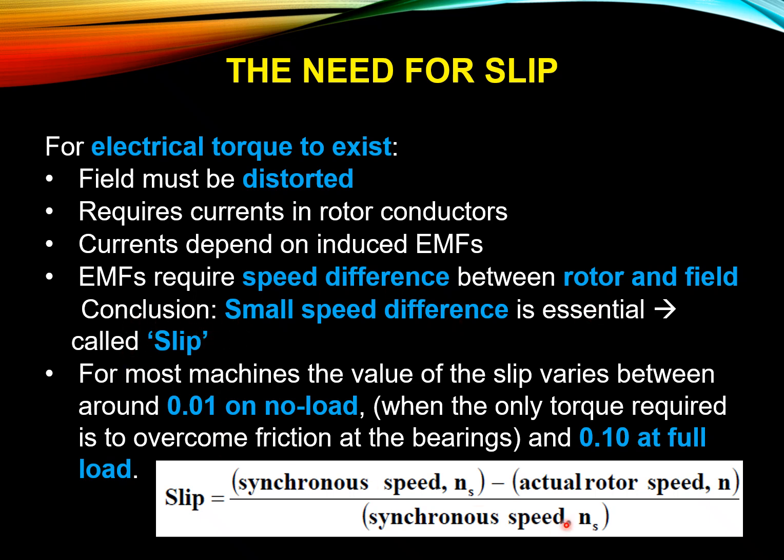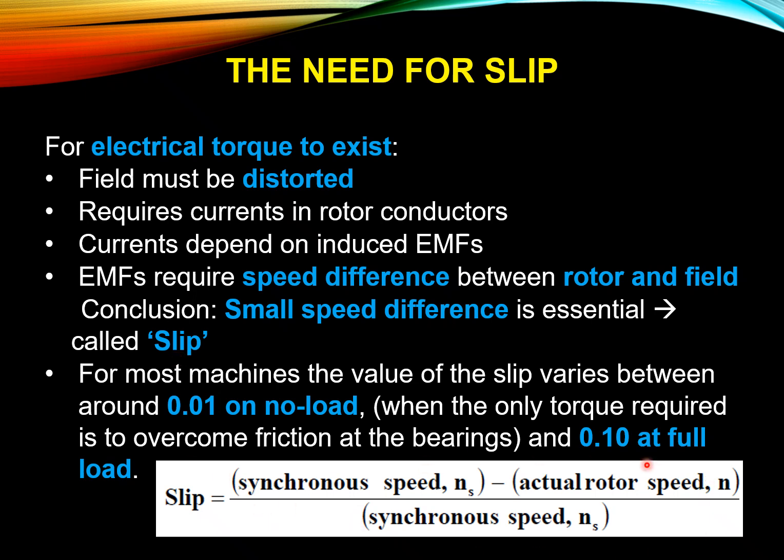This small speed difference is essential, and we call it slip. So the speed will be a bit different. Let's say the stator speed is 10 radian per second. For a rotor, it might be maybe 9.8. So there will be a slight speed difference, and we call it slip.